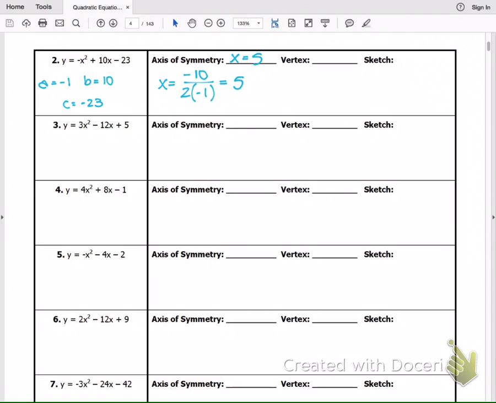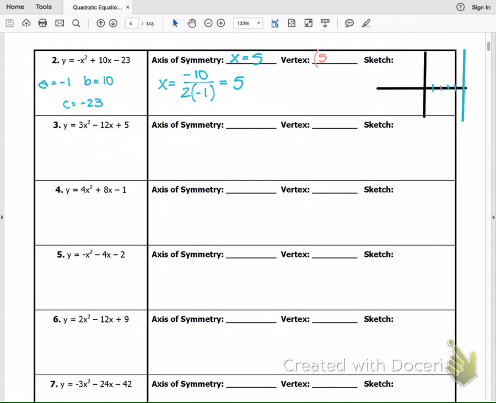So when I am drawing a sketch, I start with my x and y axes, and I go over to +1, 2, 3, 4, 5, and I draw what kind of line for this? Vertical line. So there's my vertical line for my axis of symmetry. That means half of my U will be on one side, half of it will be on the other. What else did we just get from that axis of symmetry? The x value of the vertex is 5.